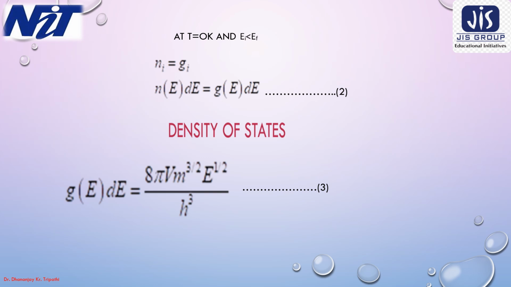It is given by GedE equal to 8 pi V m to the 3 by 2 E to the half by h cube, where h is Planck's constant, E is the energy, m is the mass of the electron, V is the volume, and 8 and pi are constants.